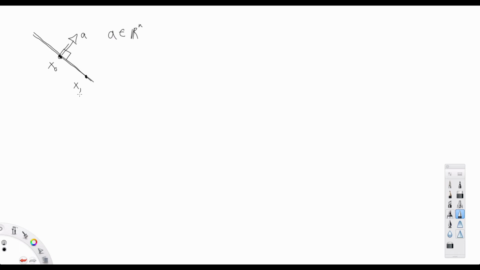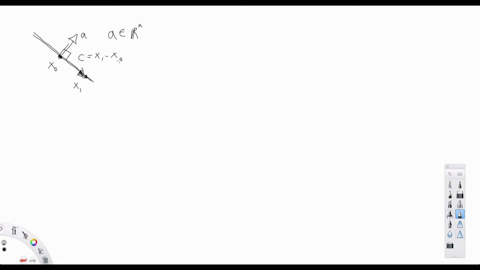We want a way of defining any arbitrary point that is in this plane. One way of doing that is to define a vector that points from x0 to a point that is in the plane, and I'm going to define that vector as c equals x1 minus x0.